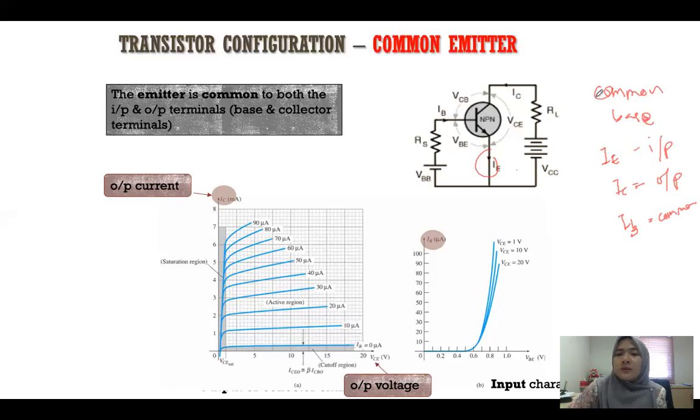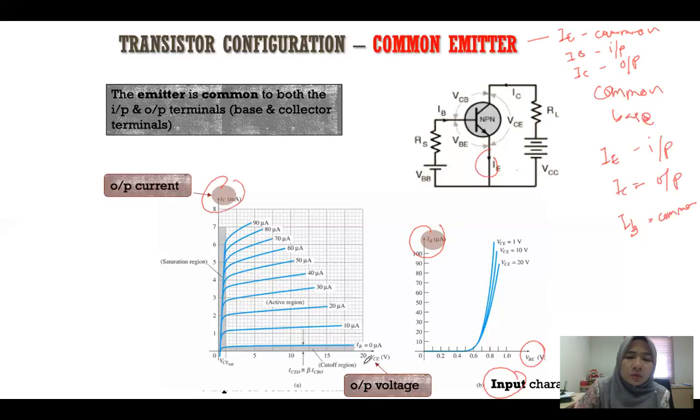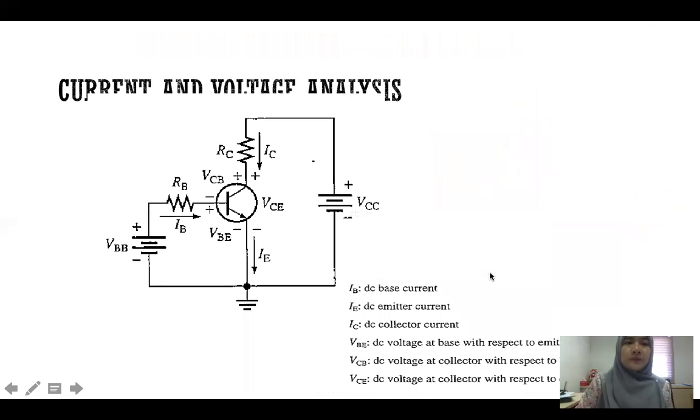But for common emitter, the emitter is the common. Now the input is IB and IC is the output. That's why in the graph here, input is IB with respect to VBE, output is IC with respect to VCE.